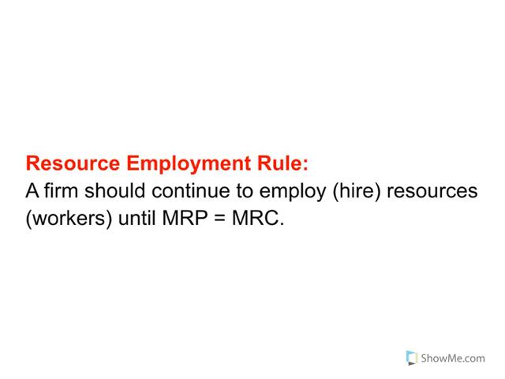Now, on a graph, you will always see that intersection point. In a table, sometimes they won't be exactly equal, and so you would hire the last worker for which marginal revenue product is greater than marginal resource cost. So just something to keep in mind.